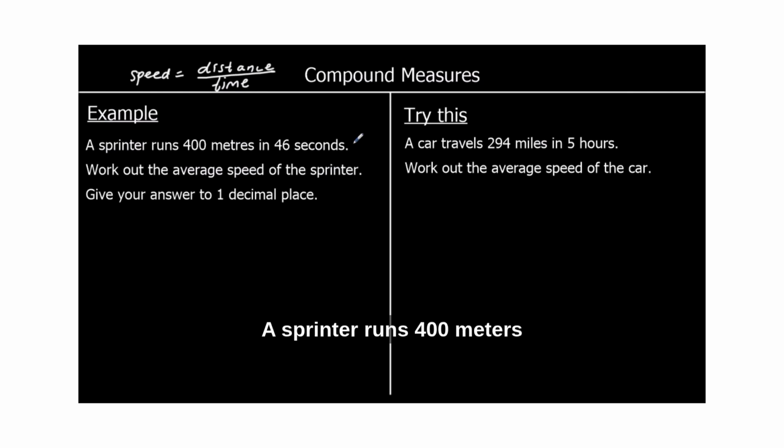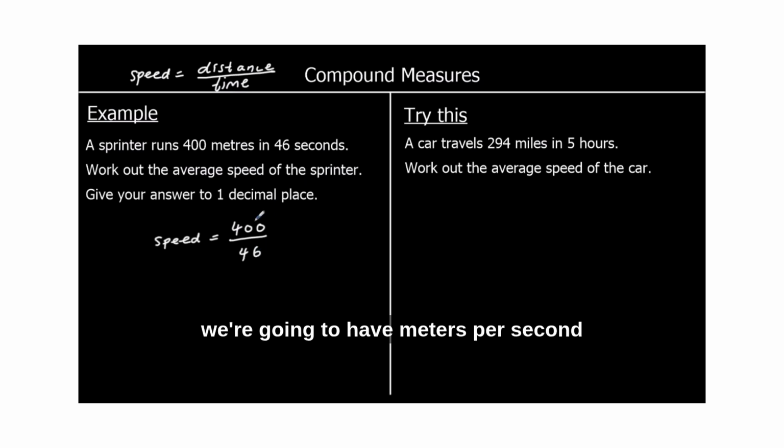Let's look at a question. A sprinter runs 400 meters in 46 seconds. Work out the average speed of the sprinter. Give your answer to one decimal place. So speed equals distance over time. The distance here is 400 meters. And the time is 46 seconds.